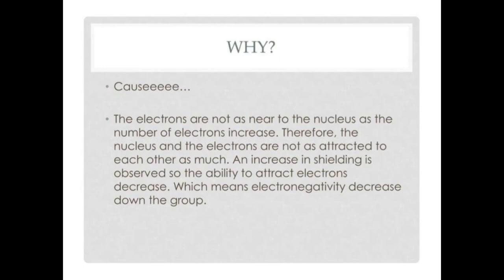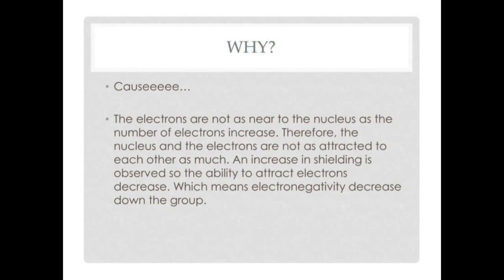The electrons are not as near to the nucleus. Like we have said, as you move down the group, the number of shells increases, the atomic number increases, and because the atomic number is increasing, the number of electrons increases. So as you move, the electrons get farther away from the nucleus.